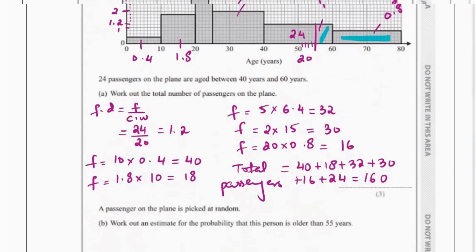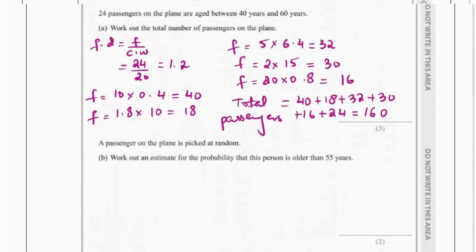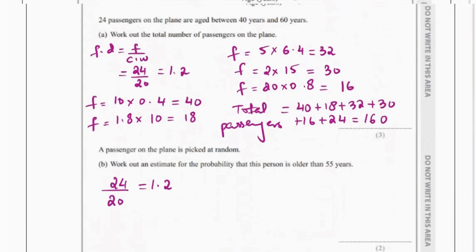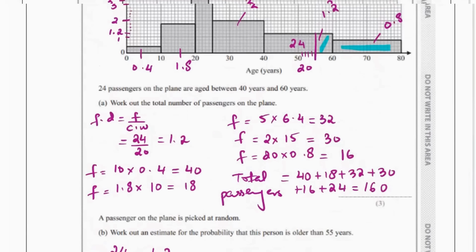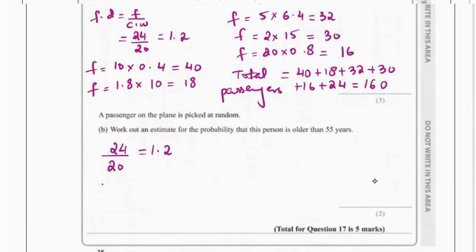So for one column, it's going to be 1.2. So we're talking about how many columns? 5 columns. So 5 times 1.2 is going to give us 6 people.